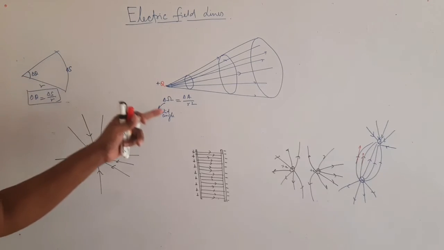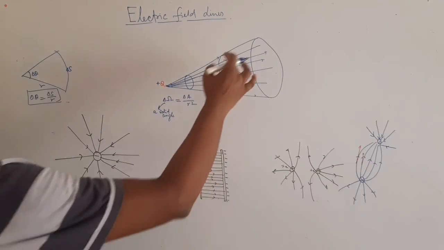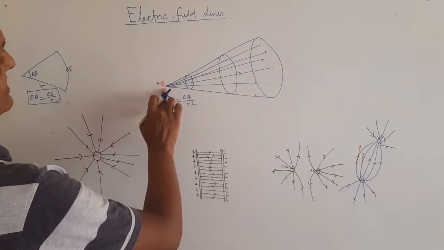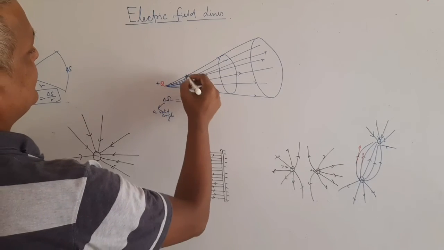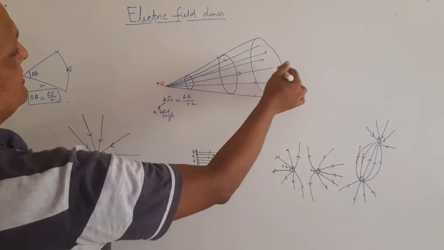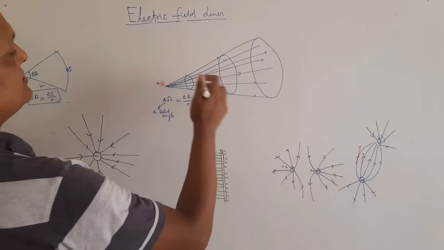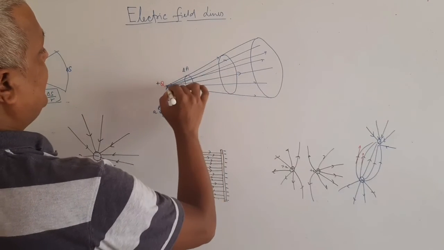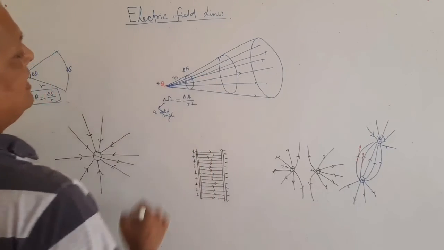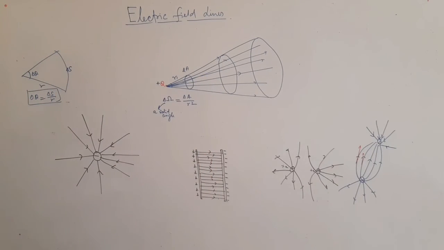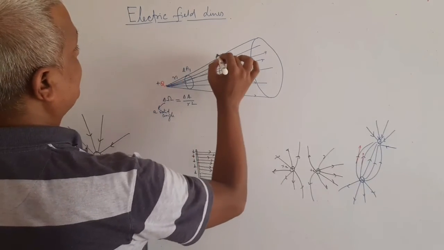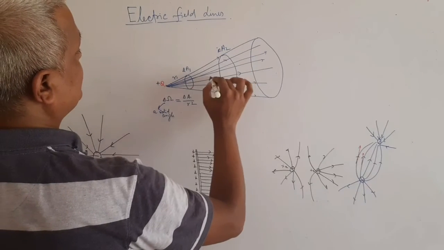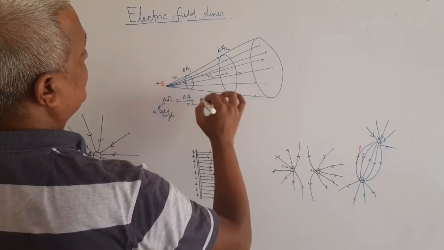But this is a solid angle. You can assume that this is a football, and at the center a charge is placed. This area element here is larger; this is delta A1 at a distance R1 from the center. This is delta A2, and from the center it is R2 away.